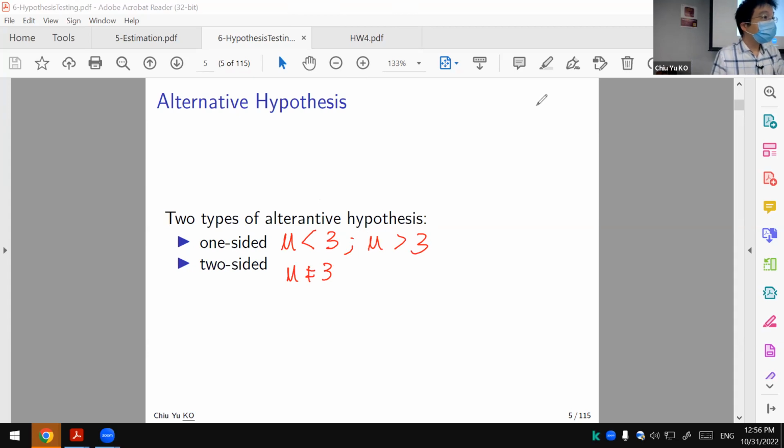It depends on the application, and usually it depends on when the bad thing happens. If you are a producer of medicine, where the exact ingredient is crucial, and more than or less than is a big mistake, then you have to use the two-sided one.